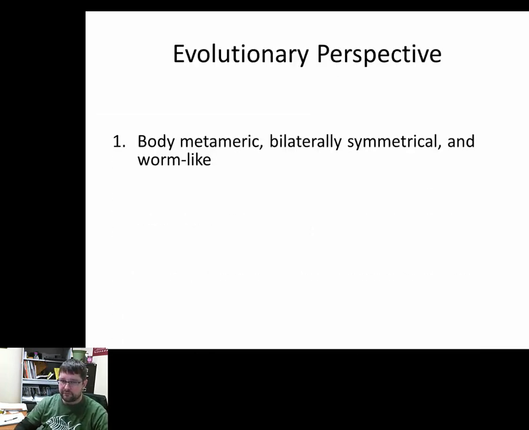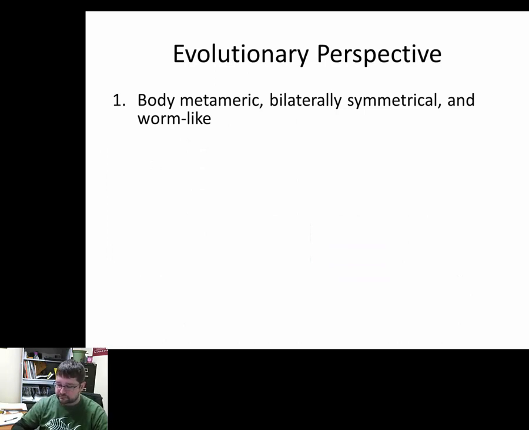From an evolutionary perspective, like I said before, they are segmented, so they are metameric. In other words, they have connective tissue that can create compartments. They are bilaterally symmetrical, as all Lophotrochozoans are, and they are worm-like, or they're worms.